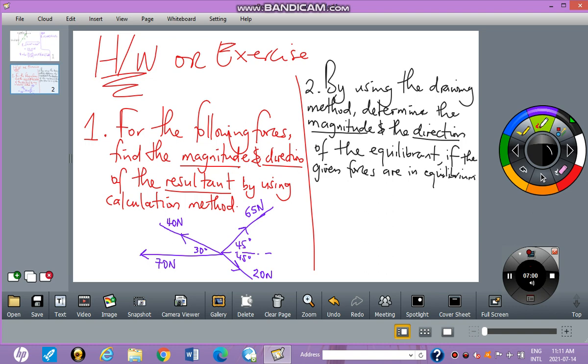Right, so this time I'm expecting you to do the drawing method to find the resultant, the equivalent of the forces.